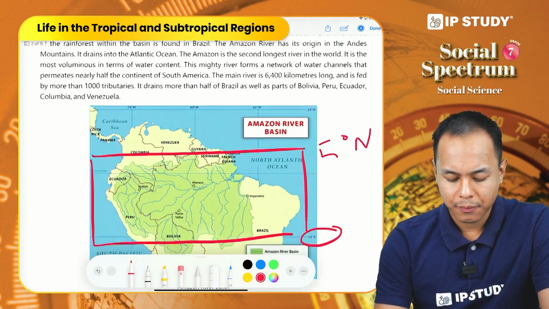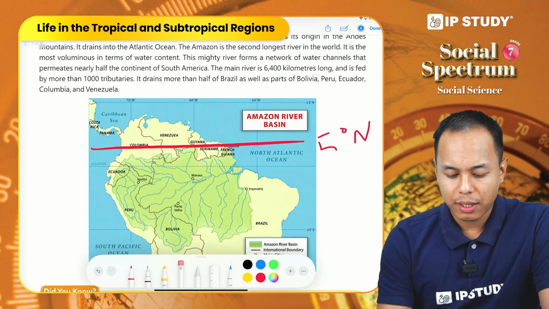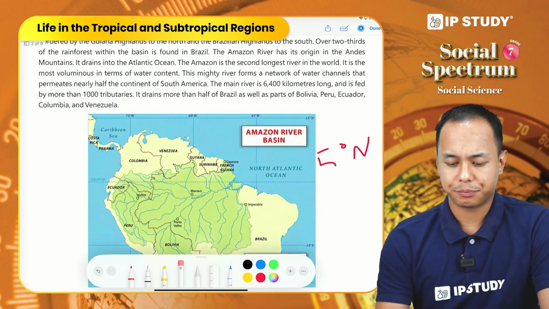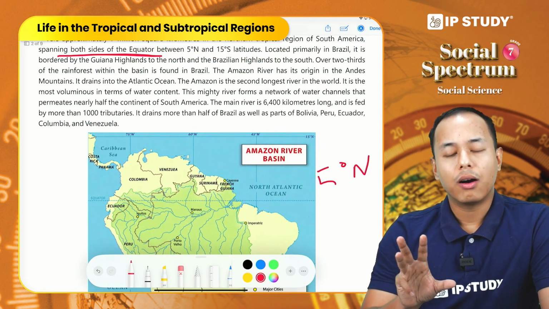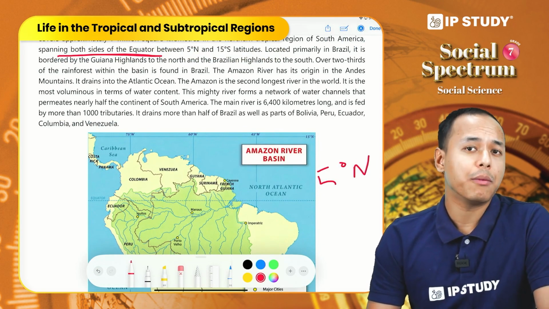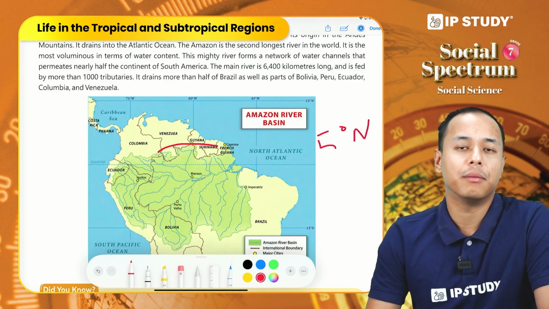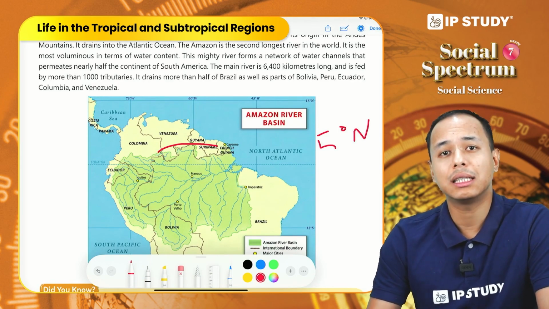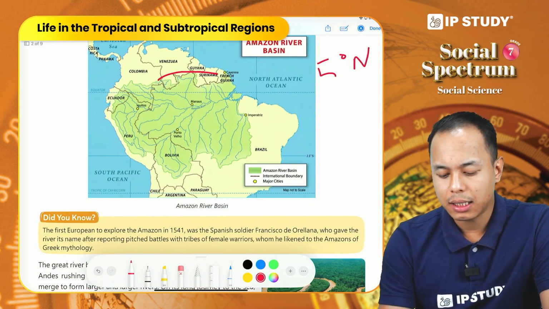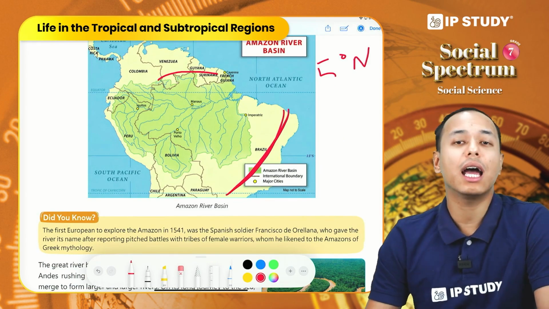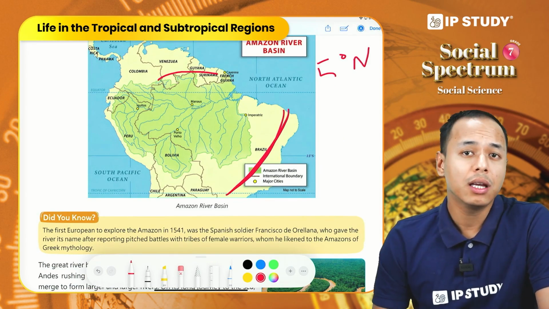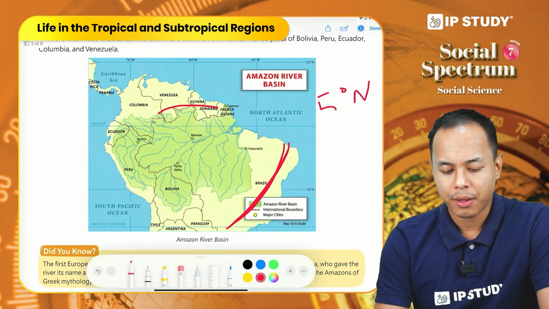Okay, so now let us see the landform features that border the Amazon Basin. In the northern part of the Amazon Basin, we have the Guiana Highland that borders it, and in the southern portion we have the Brazilian Highland that borders it from the southern part.